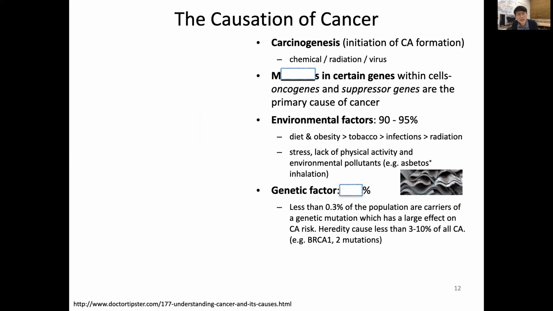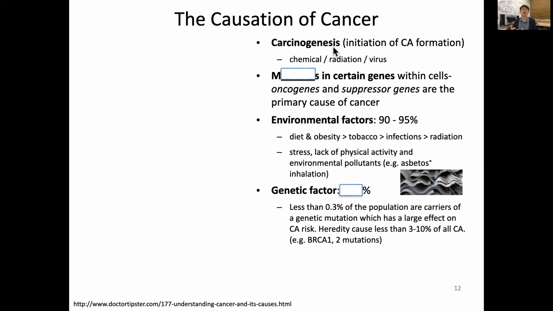And now let's turn to what makes that mutation more prevalent. That is an important aspect of the causation of cancer. The process of cancer forming we call carcinogenesis, the initiation of cancer formation.